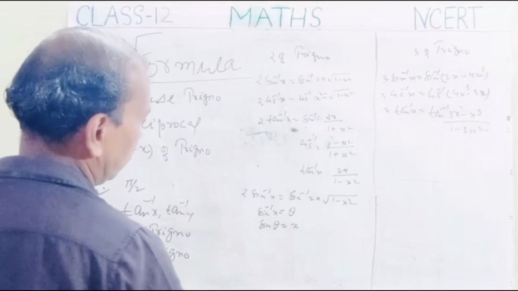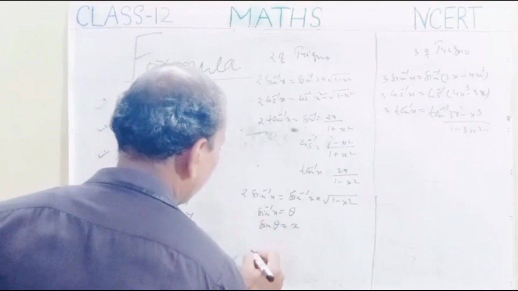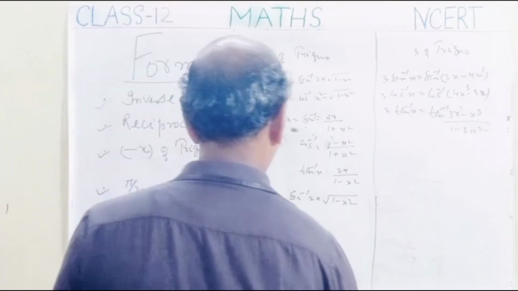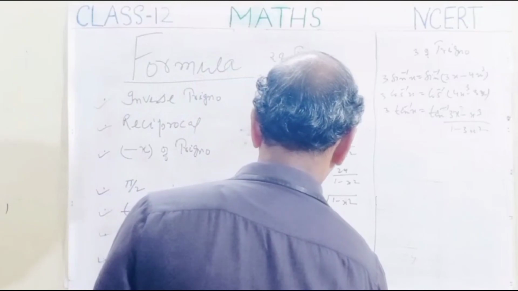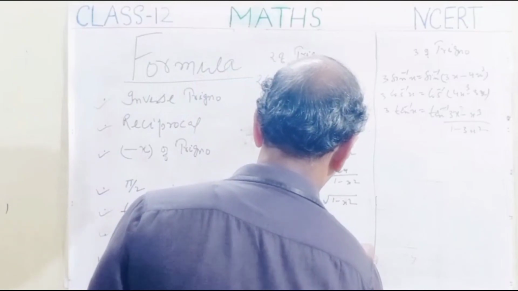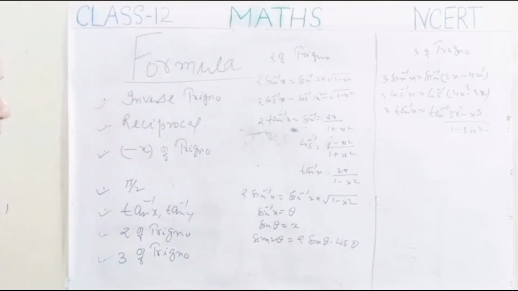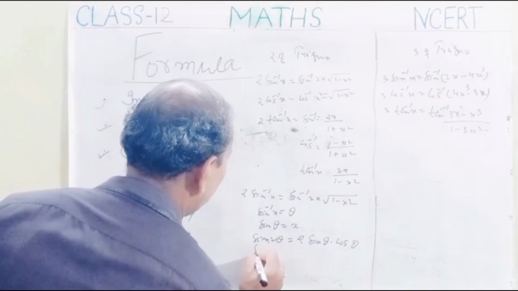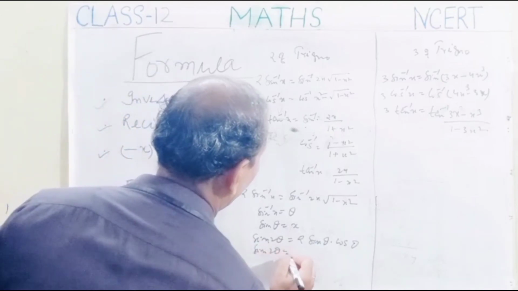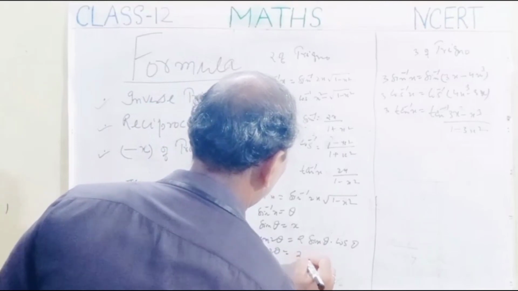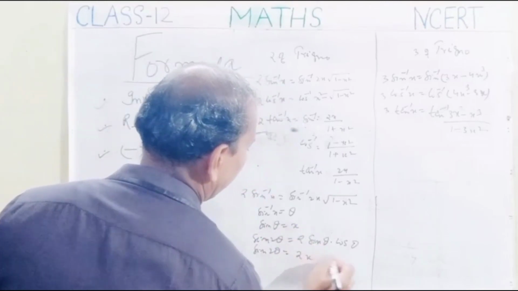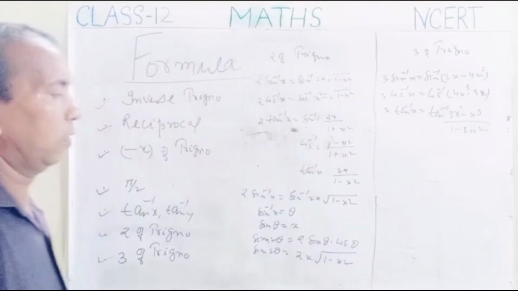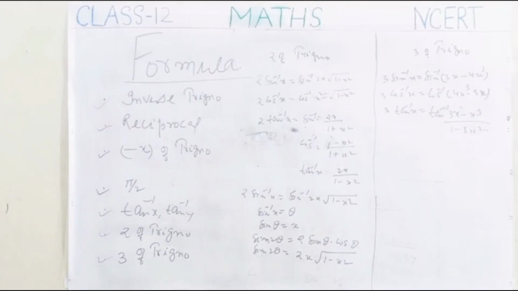Now I will take one formula: sin of 2 theta is equal to 2 sin theta into cos theta. If I put the values, sin of 2 theta is equal to 2 sin theta, that is x, cos theta is equal to under root 1 minus x square. So sin 2 theta is 2x under root 1 minus x square.